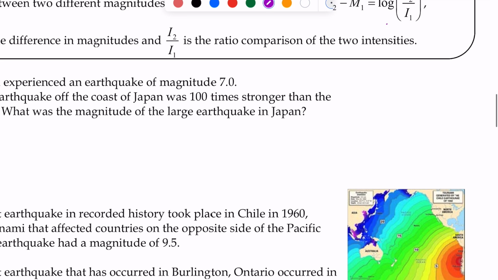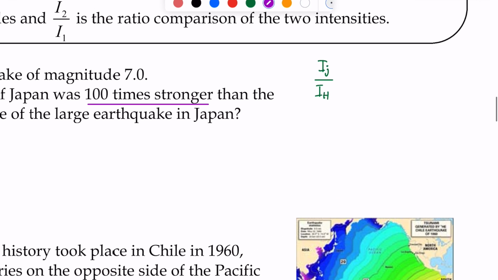Okay, so what it's saying is that you have some intensity of Japan, and you had some intensity of an earthquake in Haiti. So let's call that H. Well, when we did the division of these ratios, it is telling us that it is 100 times stronger. So taking the intensity of Japan and dividing it by Haiti, that's going to be equal to 100.